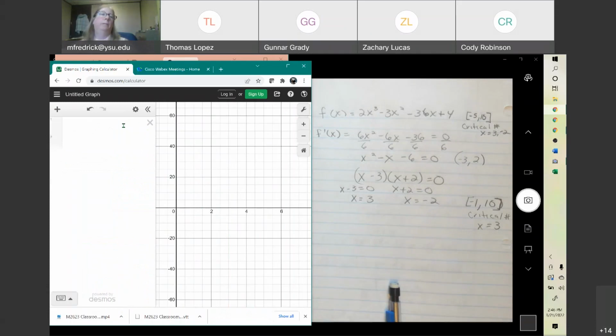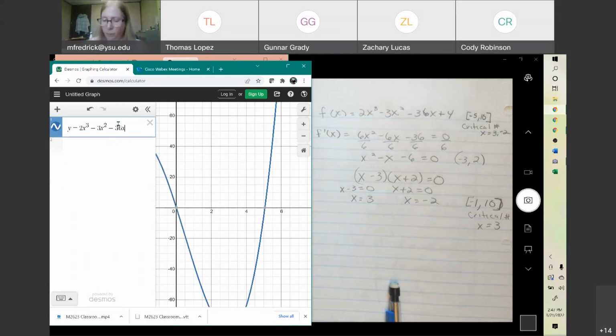Let's try graphing it. Y equals 2x cubed minus 3x squared minus 36x plus 4. So here's our graph.